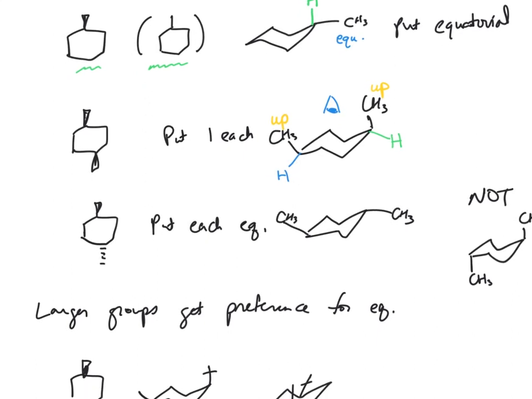Whereas if you have them trans, like in this example, then you're going to have both of them in equatorial positions while your protons are in axial positions.